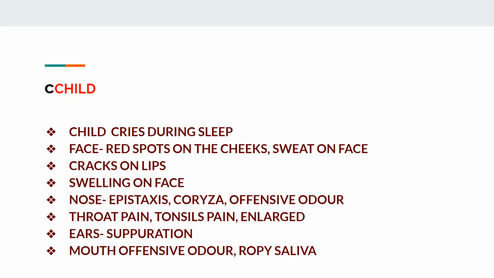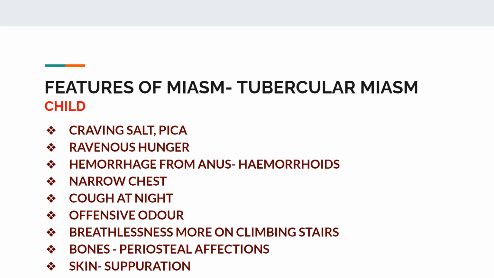If you go to the ears, you will find suppurations, otitis media. So here is action on the nose, ears, throat. In the mouth, you will find offensive odor, ropey saliva. This child has craving for salt and pica, ravenous hunger, hemorrhage from anus with hemorrhoids, and also epistaxis.